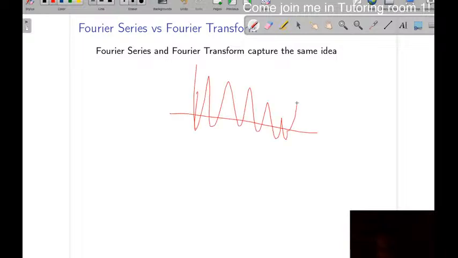You might not have any idea what it looks like when you look at it in the time domain. But if you look in the frequency domain, it might look a lot more reasonable. It might just be a bunch of delta functions, especially if it's periodic. If it's periodic, it's going to have a Fourier series, and it will just be a sum of deltas.